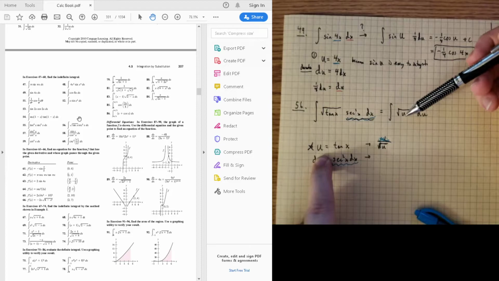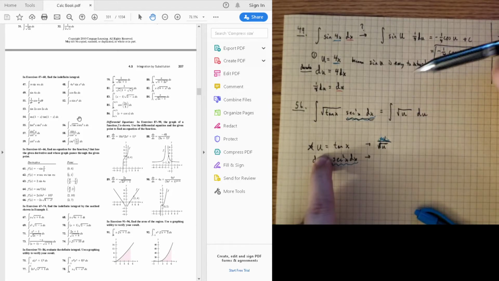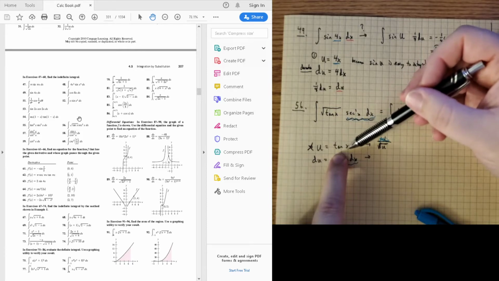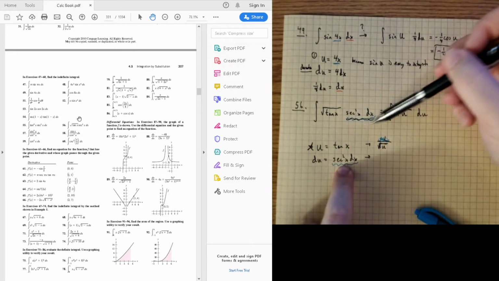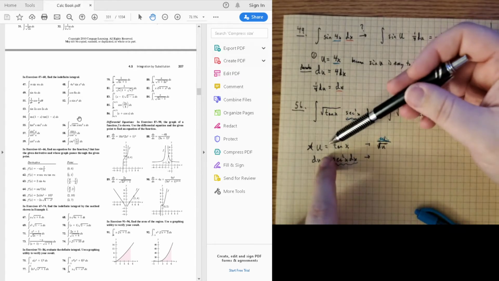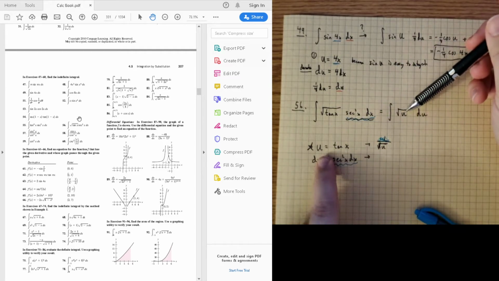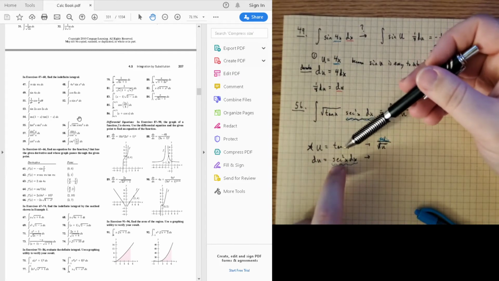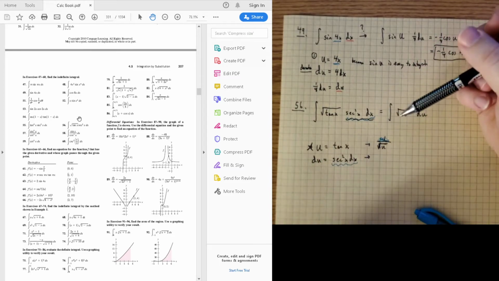You want to always choose one that makes it easy to integrate, okay? Not only that, but as a consequence, the derivative of the tangent gives me secant squared, which is the other component. So when you choose a u, you want to choose a u that's going to make an easy integration and has an easy derivative. So the tangent becomes secant squared, which is in the problem.